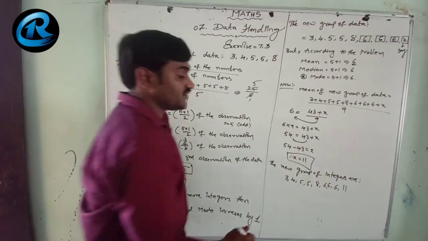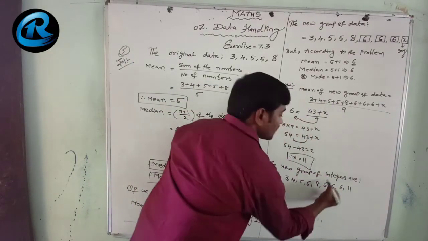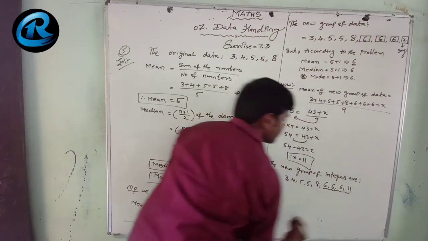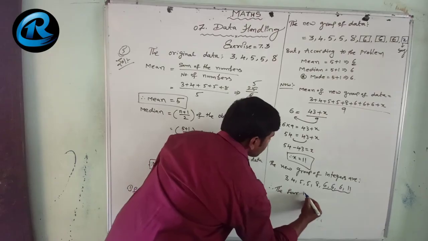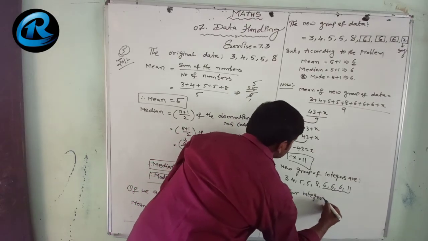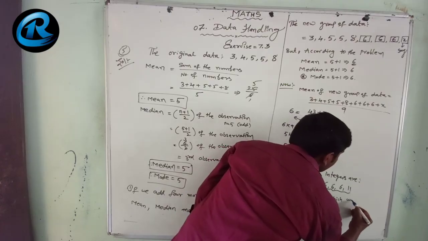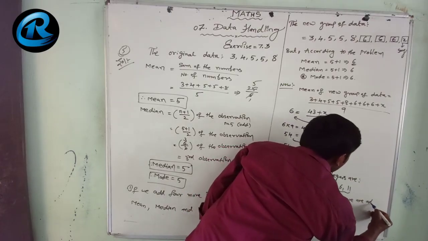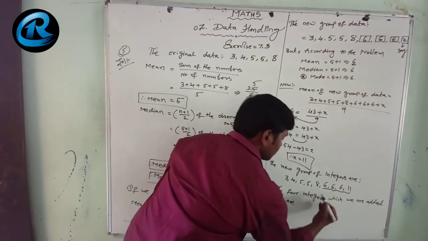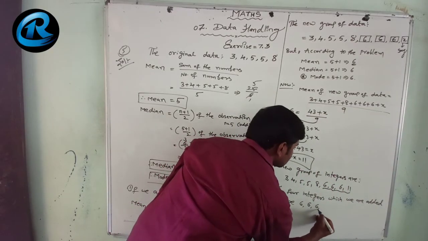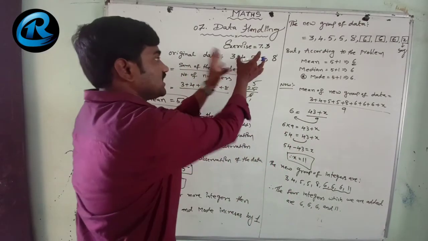The 4 integers which we added are 6, 6, 6, and 11. These are the 4 integers we added to this data.